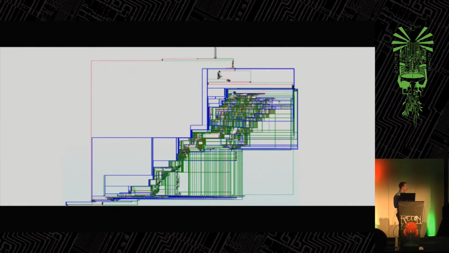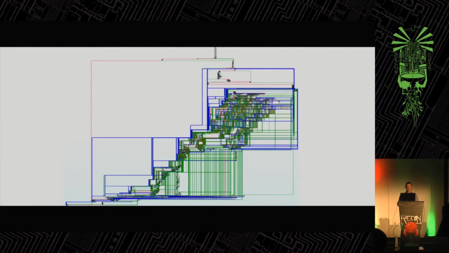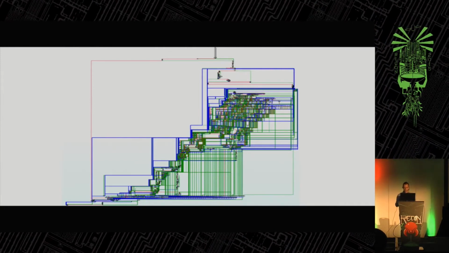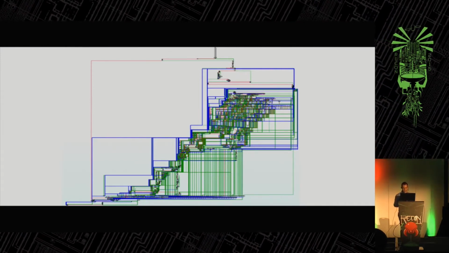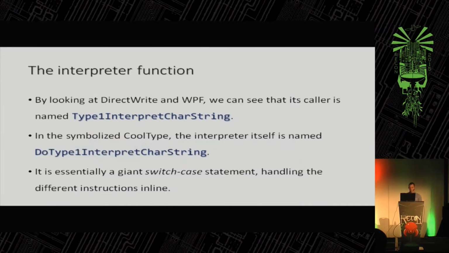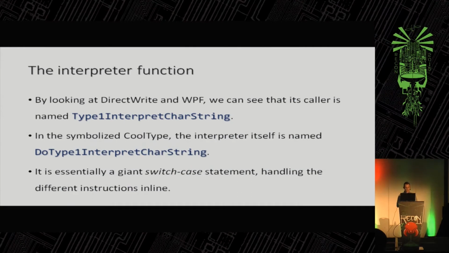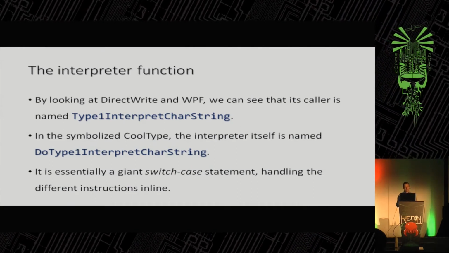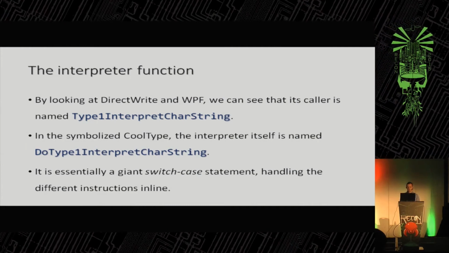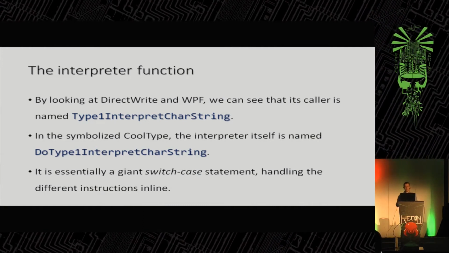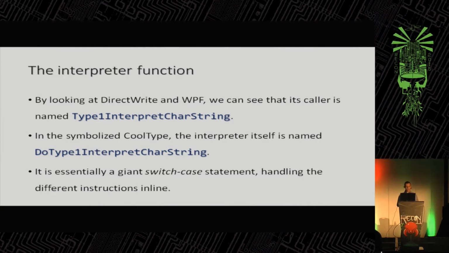It looks like this in IDA, and I actually had to increase the maximum limit of nodes that IDA would be willing to render as a graph because 1,000 wasn't enough. So it's really huge. And if we want to have a confirmation that this is actually the right function, we can take a look at DirectWrite or Windows Presentation Foundation and see that the name of the function is actually type 1 interpret charstring, or in the symbolized CoolType, it's do type 1 interpret charstring.